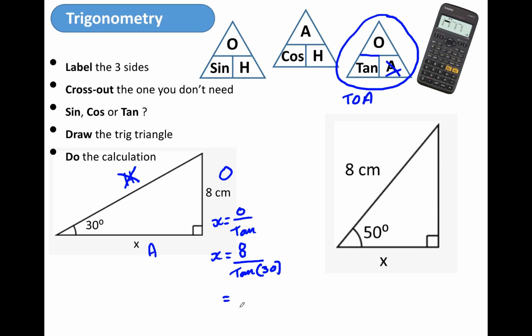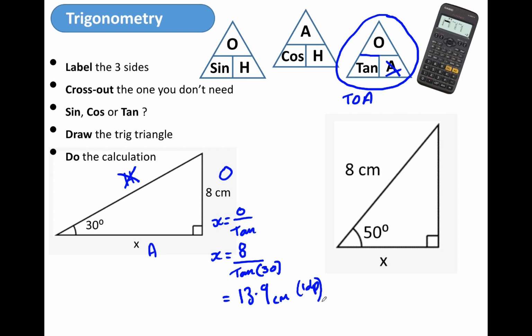I shall put it into my trusty calculator. 8 divided by tan of 30, and then close the bracket, and I get an answer first of all with some square roots, but to one decimal place, 13 point, and I've got to round my 8 up to a 9 centimeters. And I think, is that reasonable? Yeah, it looks about reasonable, and that was to 1 dp.